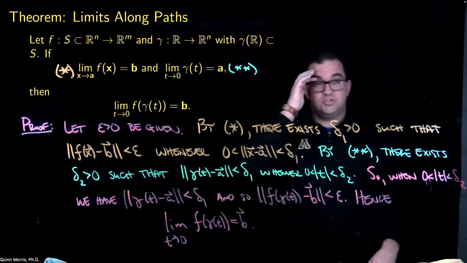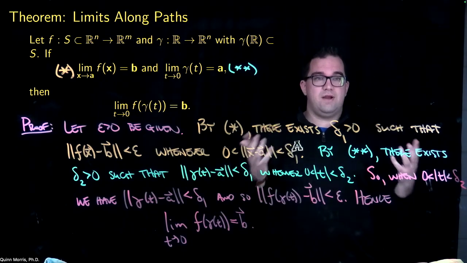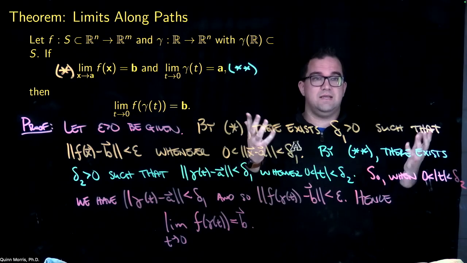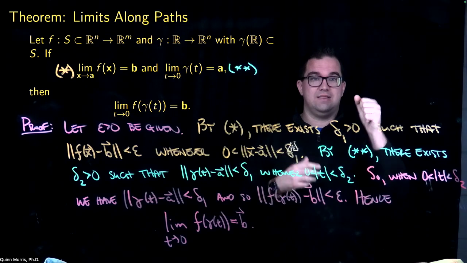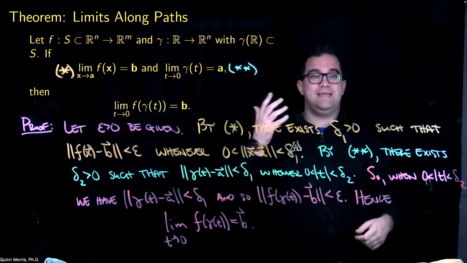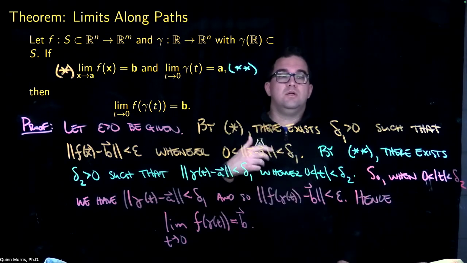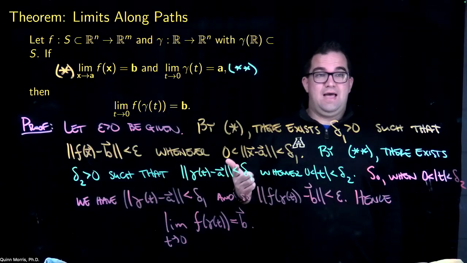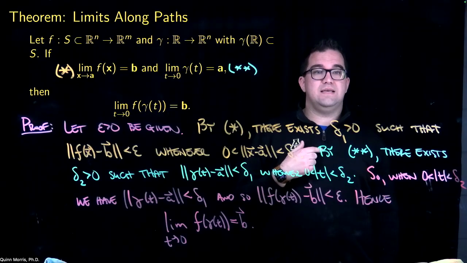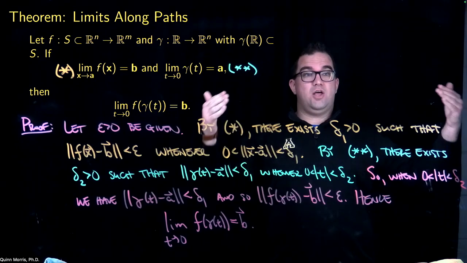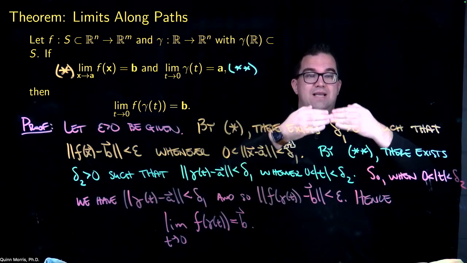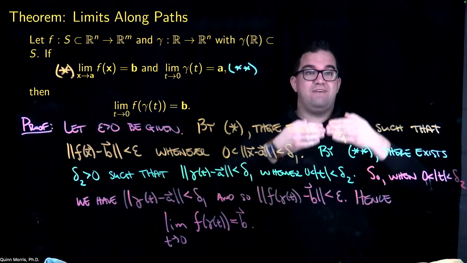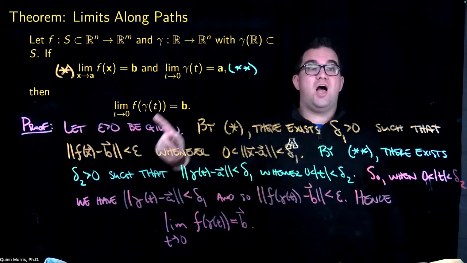So again, what this shows us is that for functions of several variables, if you know the full limit exists and is equal to some value b, then the limit along any path approaching that same point must also be equal to b. The contrapositive of that, which we often make use of, is if you have the limit along two paths that are both approaching a, and you get different values, then the full limit cannot exist.